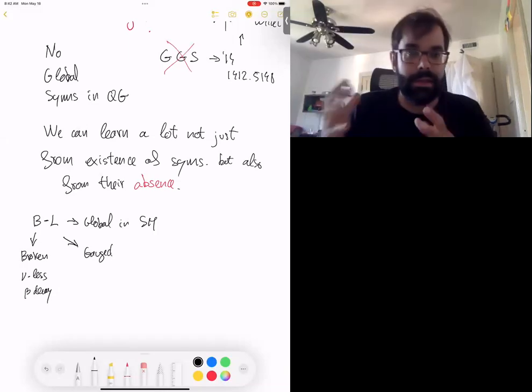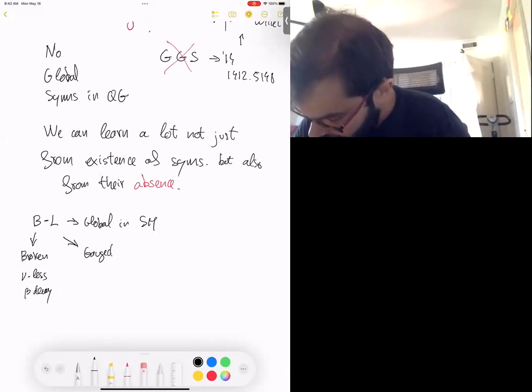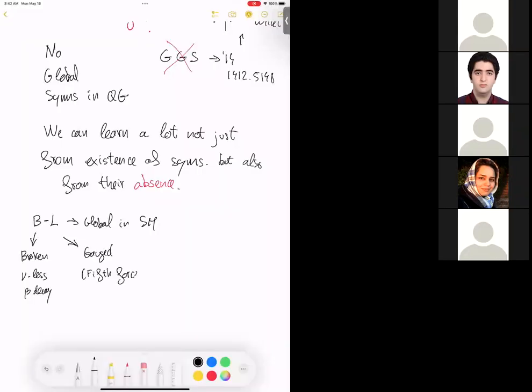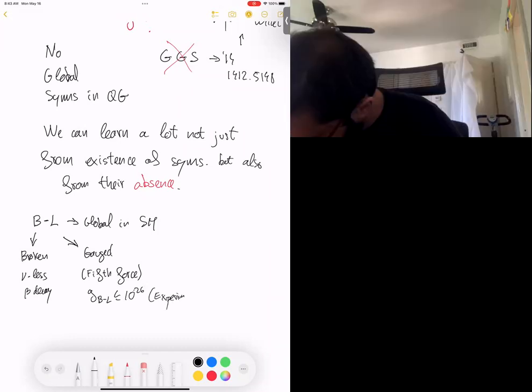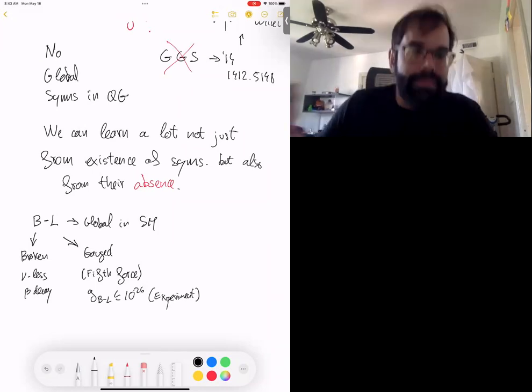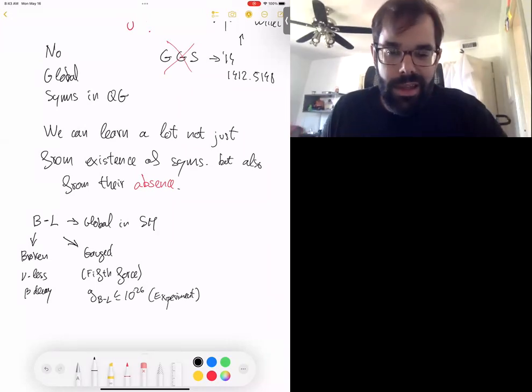And that means that there's a fifth force coupled to B minus L. So we should be able to see a fifth force, which is experimentally constrained to be very weak. So its gauge coupling is less than 10 to the minus 26 by experiment. Okay. So this is already telling you something interesting, perhaps about the standard model.